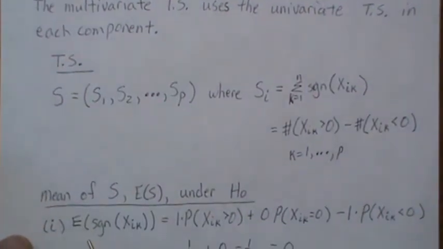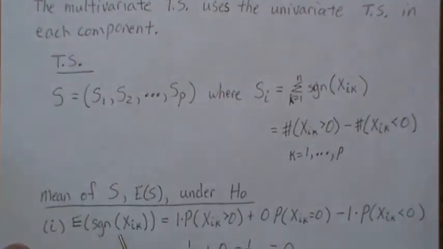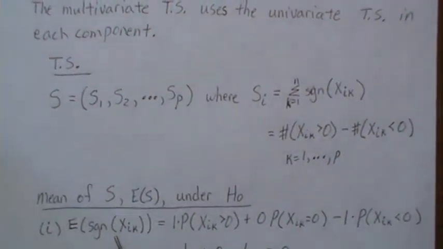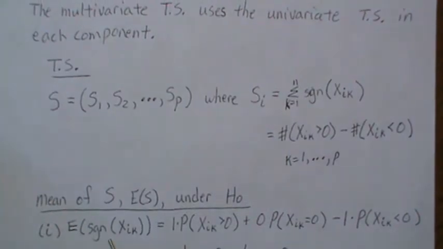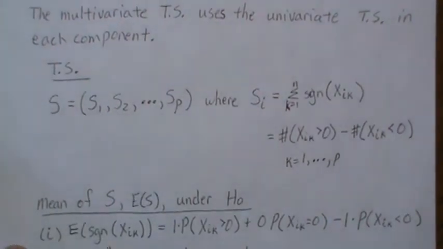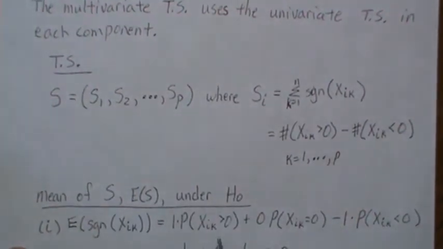So the mean of the sine function, the mean means what value it can assume times the probability of assuming that value, added for each case. So the sine function can either be 1, 0, or -1, and then the probabilities associated with each of those events happening, which is this.